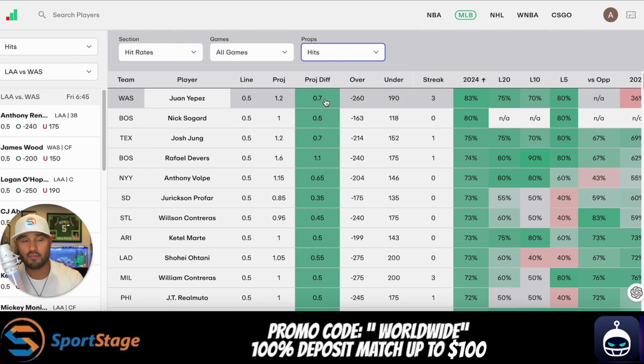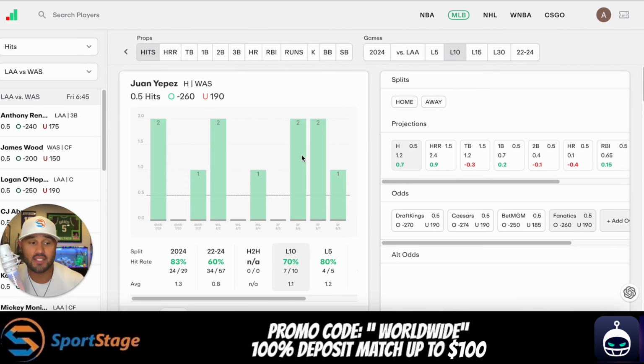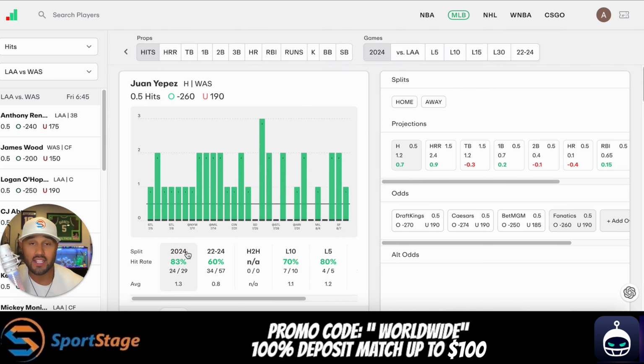On hits, I'm looking for close to a 1 for the projected differential there. He's projected to get 1.2 hits. Obviously, you can't get 0.2 of a hit, but if you know how averages work in projections, that's pretty good when we're looking at a half a hit line. All he's got to do is get 1 hit. 83% of games this season, he's had at least a hit.